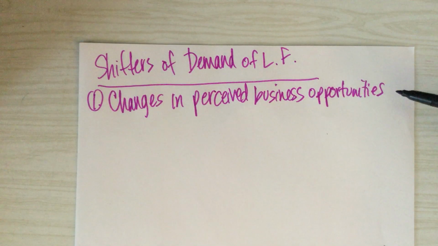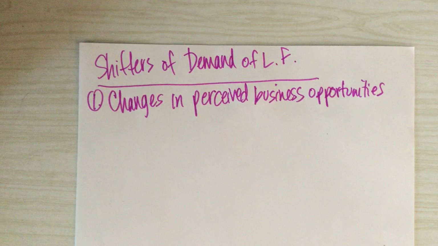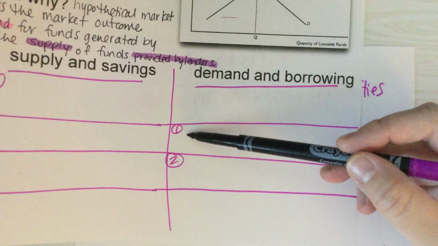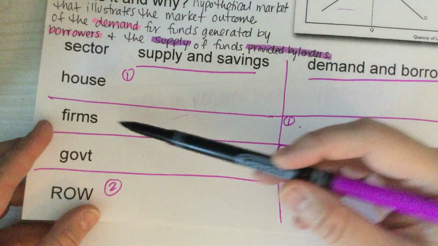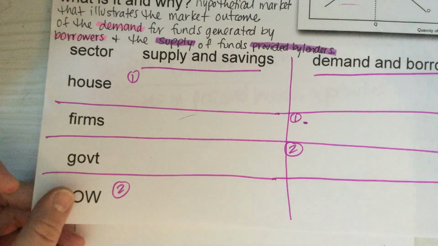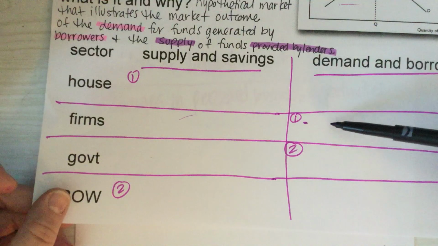This affects the first sector of the economy, businesses. We're talking about the demand curve again. So going back to your notes page, this is the demand and borrowing section. This right here is businesses. They are the first ones that demand loanable funds. This is where you could be writing this shift.